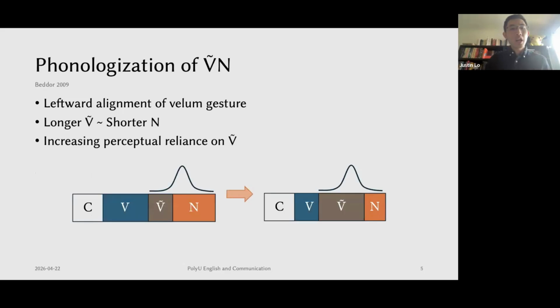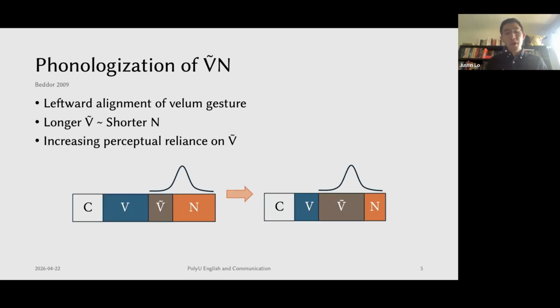So this is a difference in terms of what the listeners attend to, rather than saying there is some kind of error. In terms of how this might work, Bador's theory would say that if we're thinking about how this develops into nasal vowels, then we have what we call a leftward alignment of the velum gesture. What that simply means is that the velum lowering that we need for the nasal consonant starts earlier, shifts towards the left.